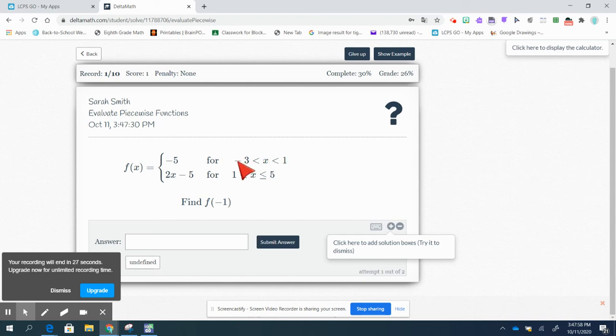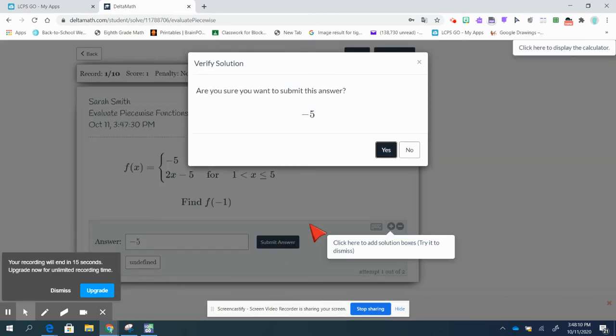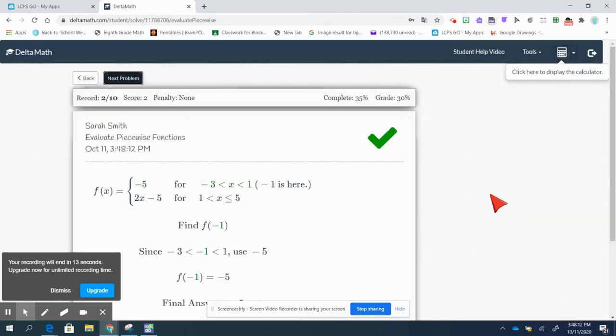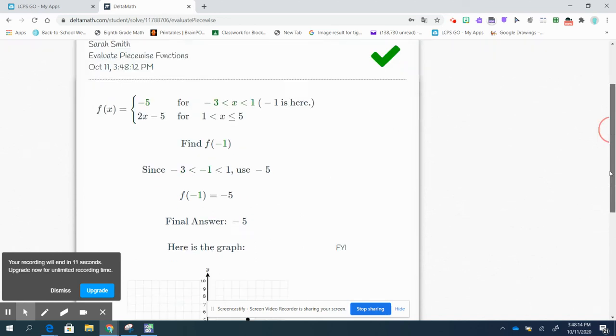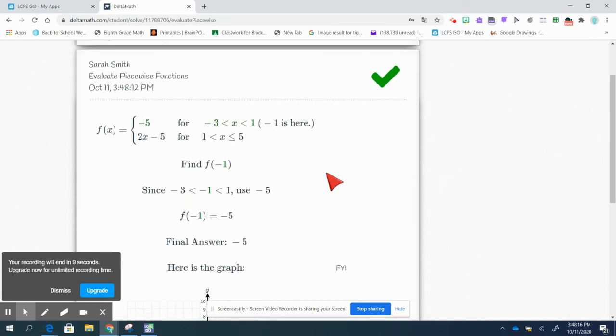We know we need to use this top equation. So this one's pretty easy. f of -1, we just use this, -5. So we put in -5, submit our answer, and it is correct. Okay, so take your time and do each part, find out where your x will fit, and then use that equation to solve for y. Hope this helps.